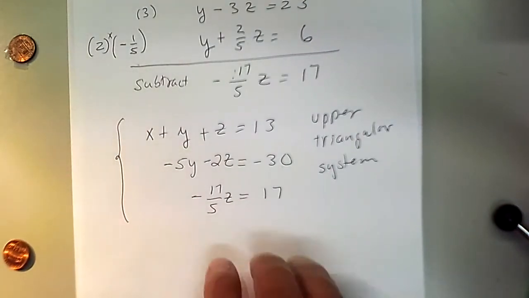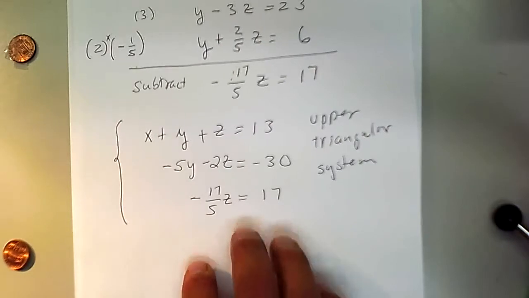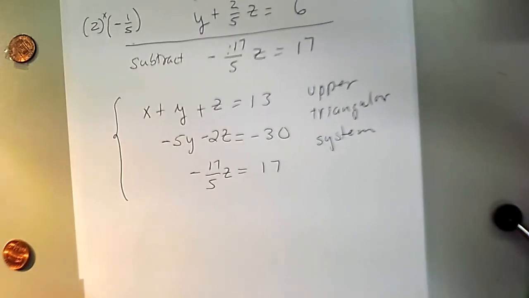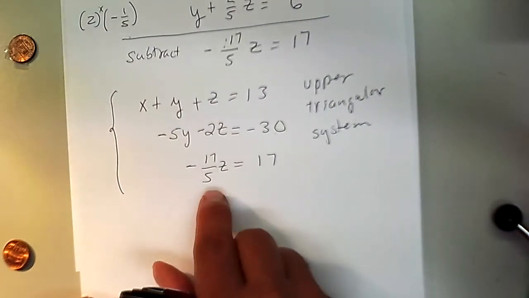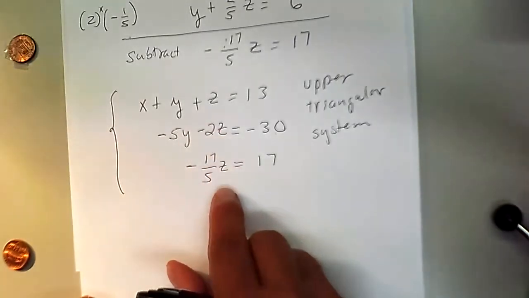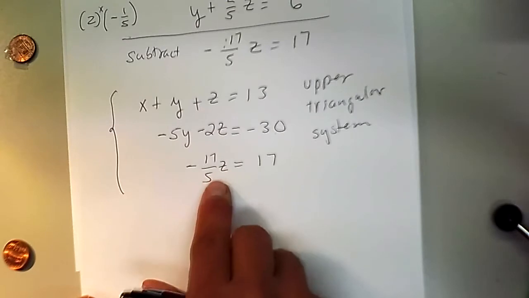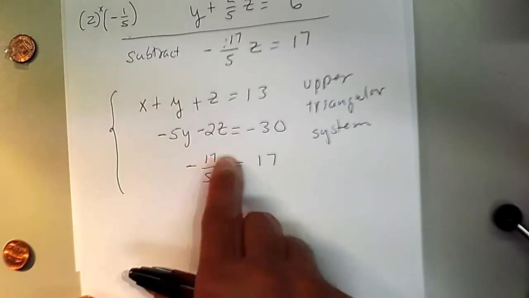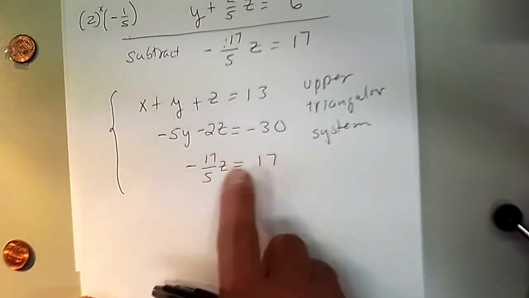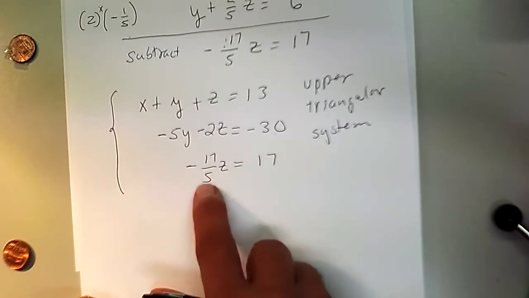Now, once we have this, it's easier to find the solutions. All we have to do is back substitution, as in example 1. It's very easy to say you can divide by 17, and the 17s go away, and multiply by -5.